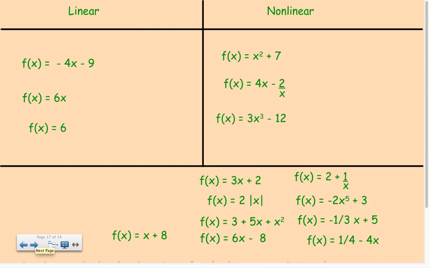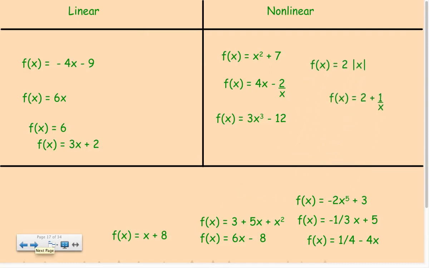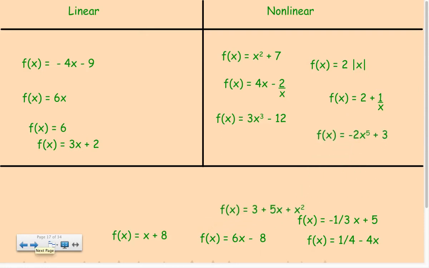Exponents are nonlinear. Absolute value is nonlinear. Fractions with the variable on the bottom are nonlinear. Exponents are nonlinear. So there you kind of get the big picture. If you see a fraction with a variable on the bottom, exponents, absolute value, those are all nonlinear.